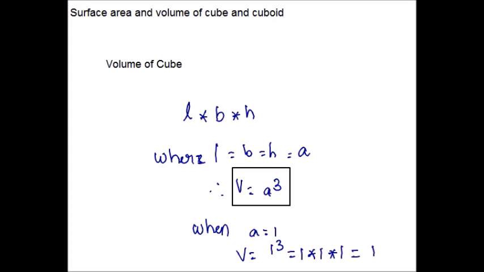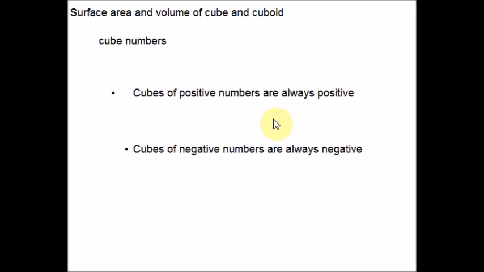One should also be handy about the properties of cube numbers. Cubes of a positive number are always positive. Cubes of a negative number are also always negative. Let me take an example. Let us see what is the cube of a positive number 4. Cube is multiplying by itself again and again, so positive times positive is positive, positive times positive is positive.